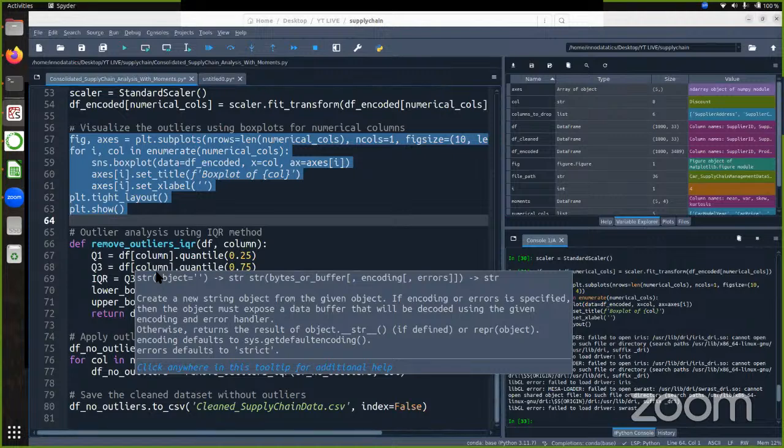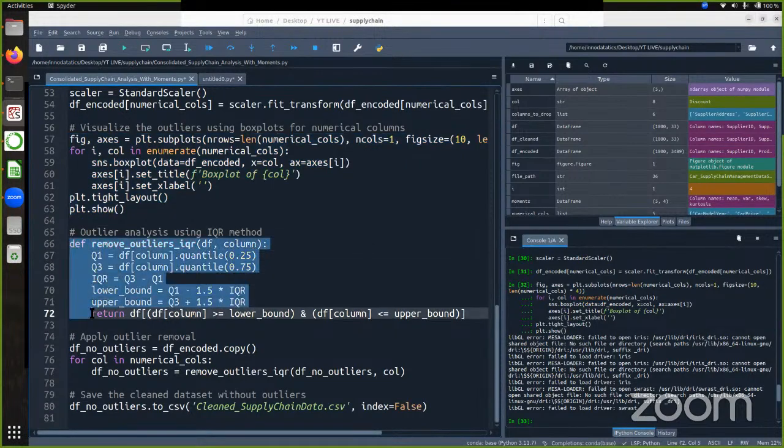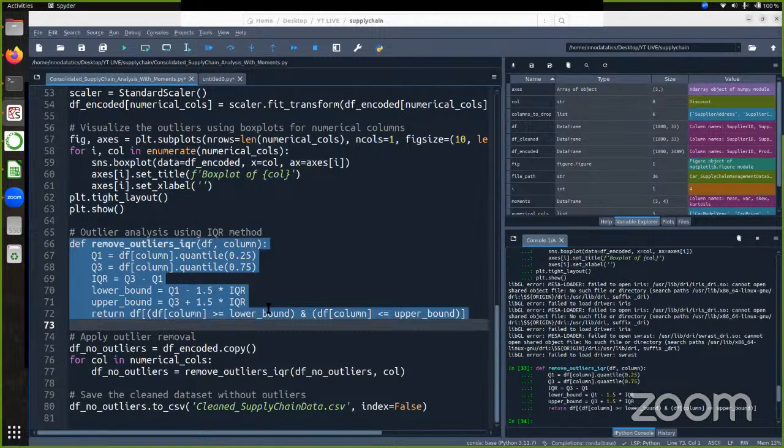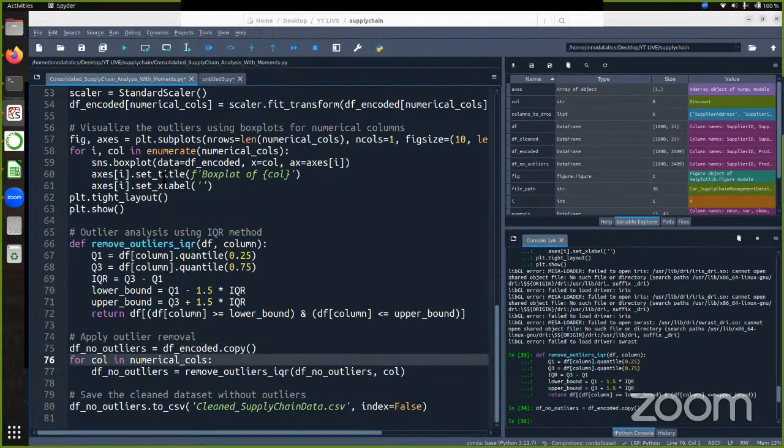Okay. So we will do winsorization. We will extract our lower bound values and we will extract our upper bound values using the IQR method. And then we will apply this on our data frame. Okay. Then after that, we will just apply this process here.